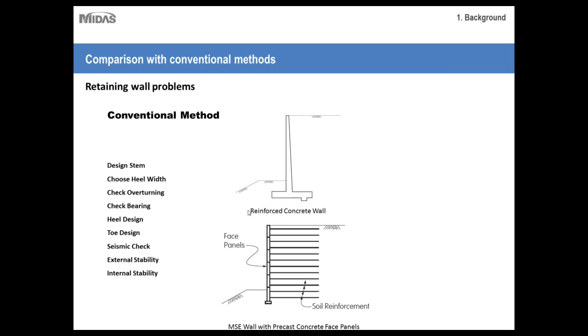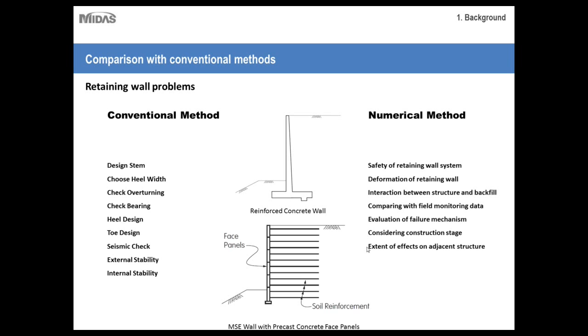But when it comes to more complex aspects of retaining walls, the numerical method is used. For example, soil structure interaction with the backfill, construction stage analysis, failure mechanisms, and also effects on adjacent structures. These numerical methods would best be used to analyze these variables.